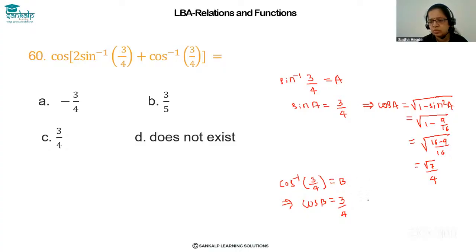Cos B is equal to 3 by 4 implies sin B is equal to again root 7 by 4.